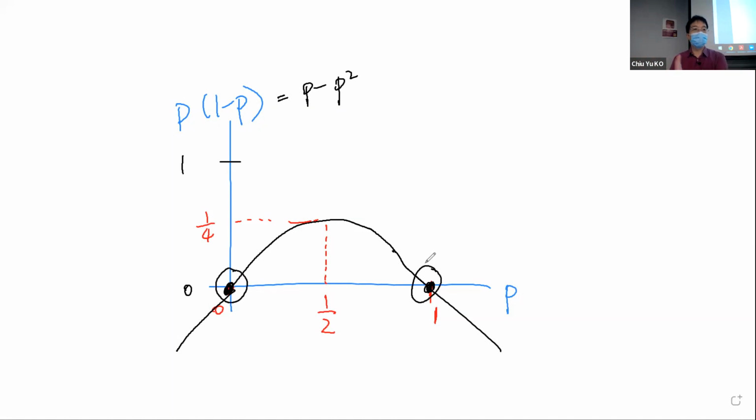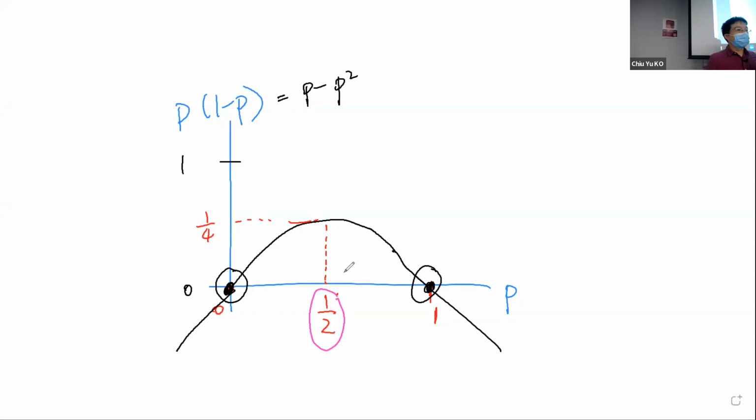When P is close to 1, all of them are successes, so there's no variance. Similarly, if P is close to 0, all or most of them are failures, so you don't have variance at all. So the question is, why is the variance highest at 1/2?